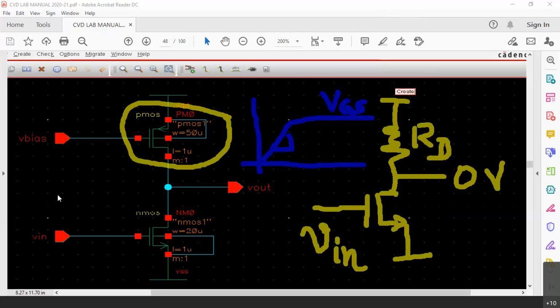Let me write one more curve. You can have a different curve like this, right? So when you have different curves, based on a particular VGS, its slope is going to change.